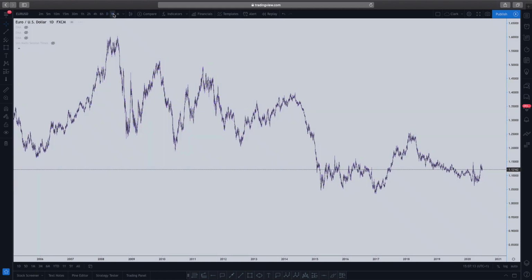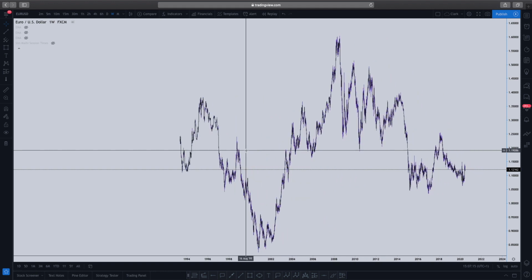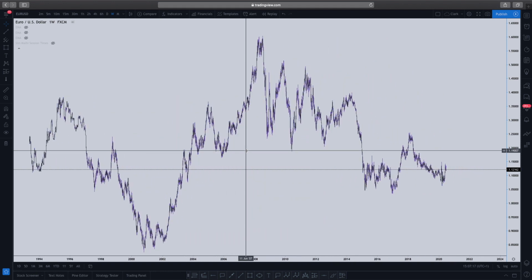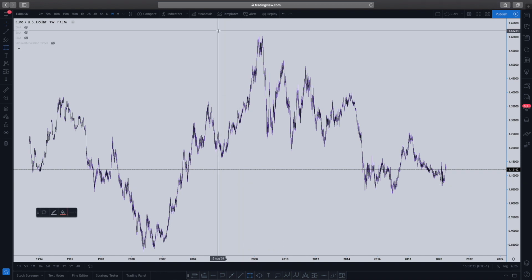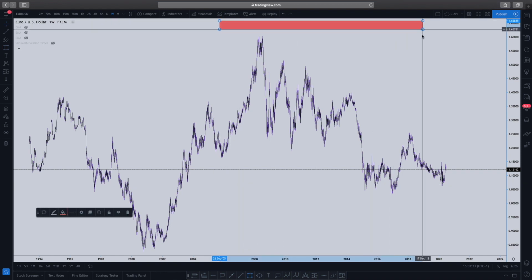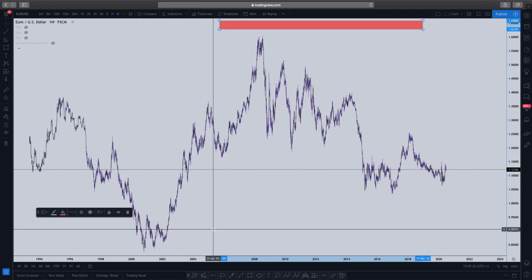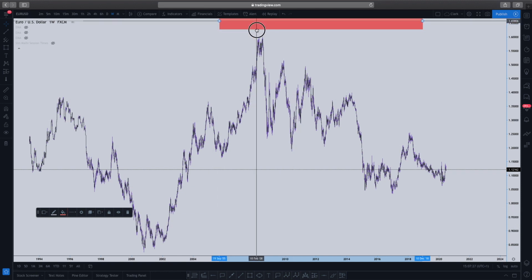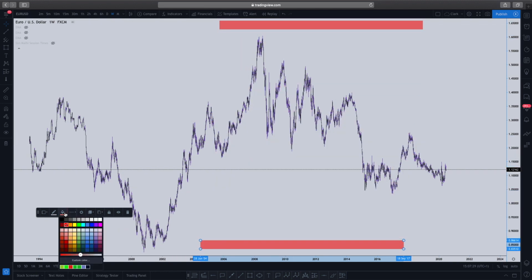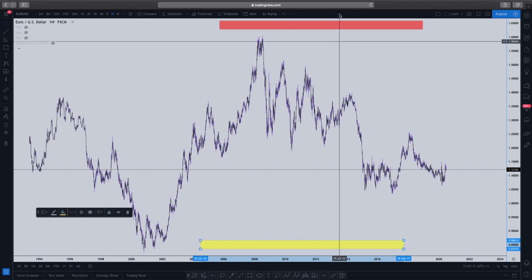We're going to go back to the weekly. So now that you know support is on the bottom and resistance is on the top, okay? Support, resistance.